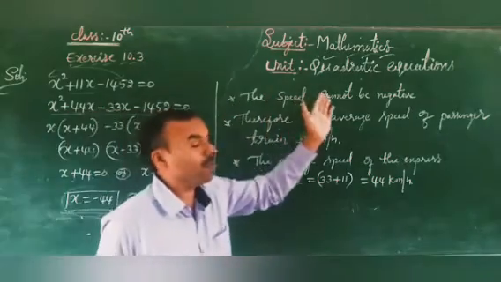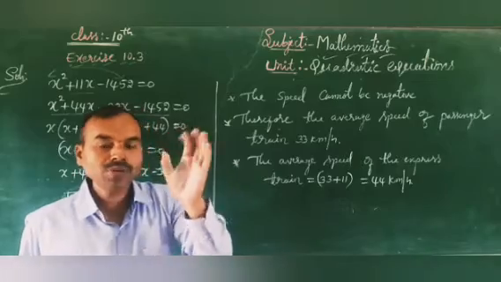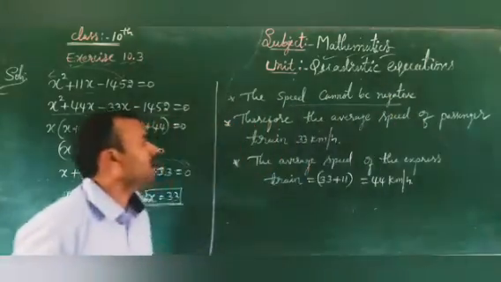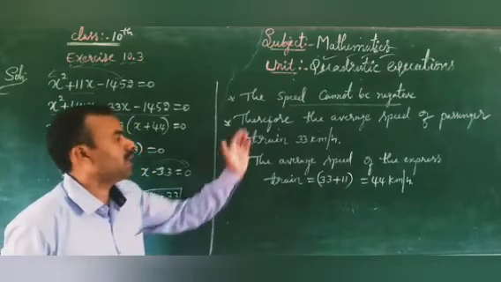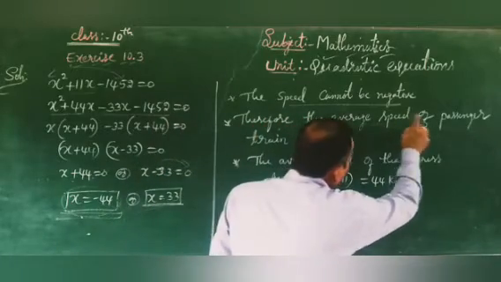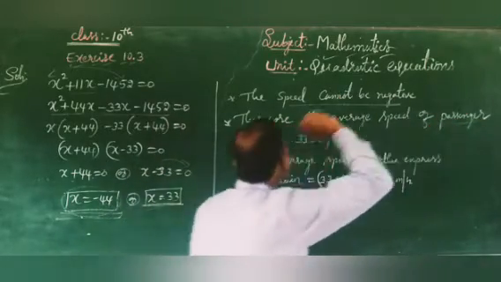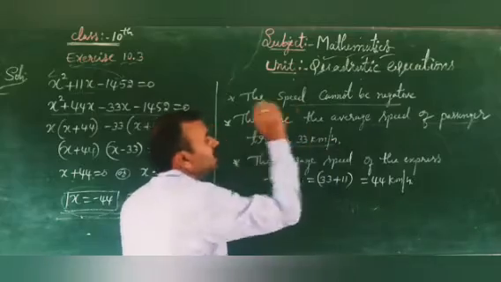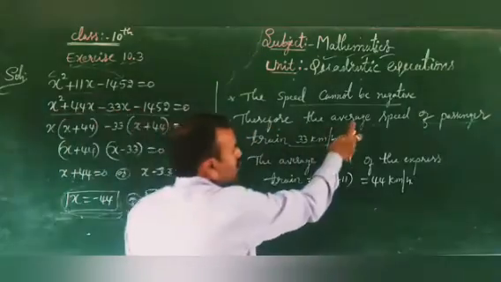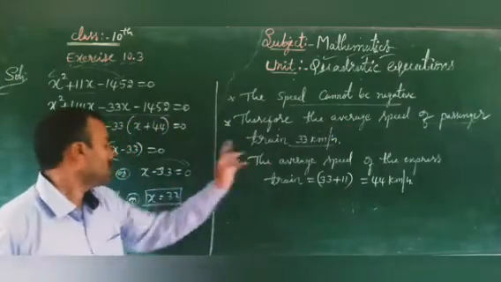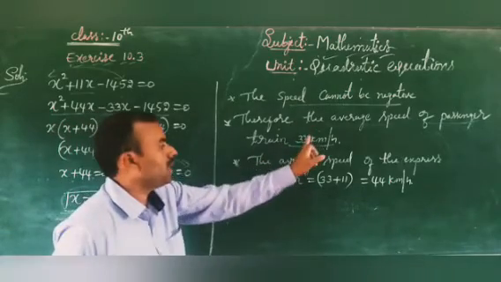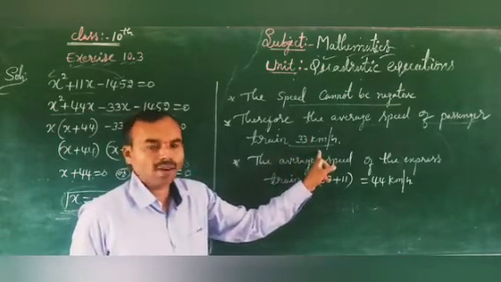The speed cannot be negative; it must be positive. Speed is positive, so it cannot be negative. Therefore, the average speed of the passenger train is 33 km per hour, because we considered x equals 33 and take the positive value.